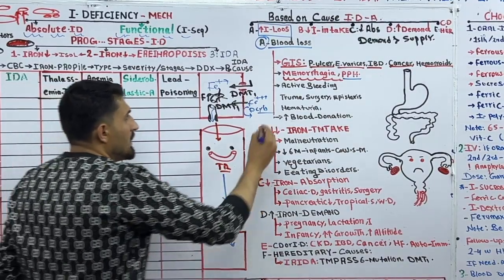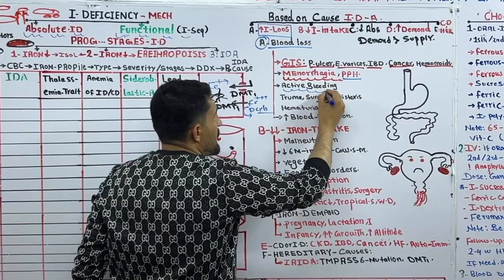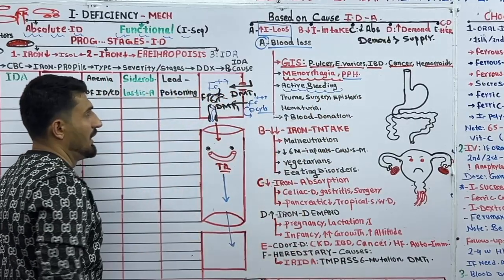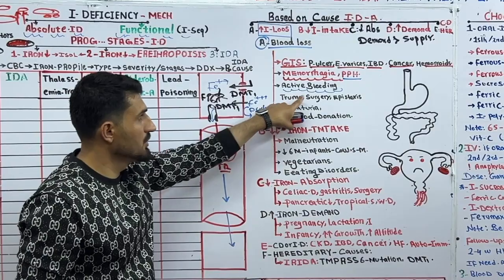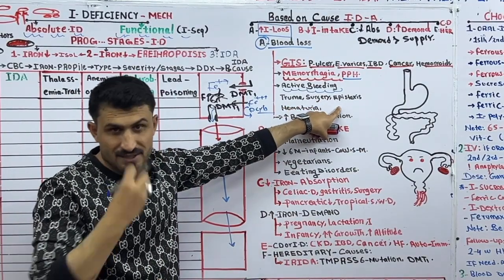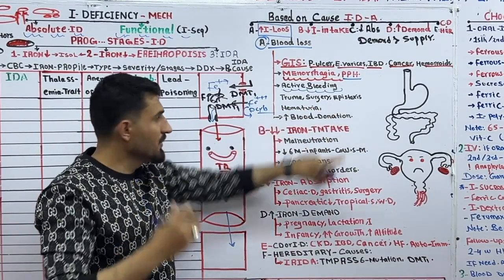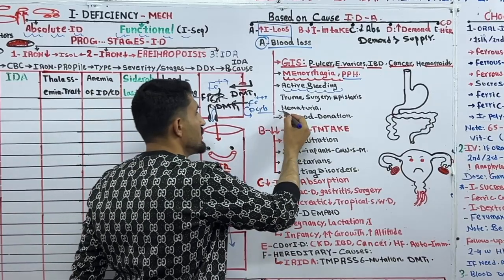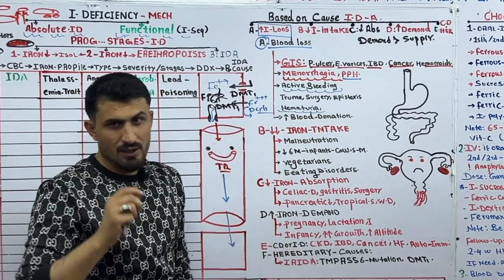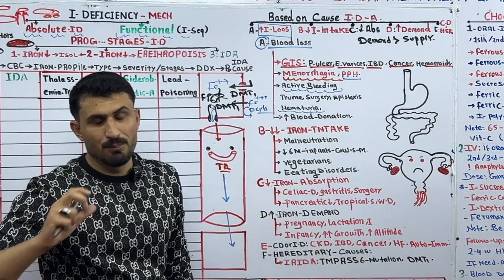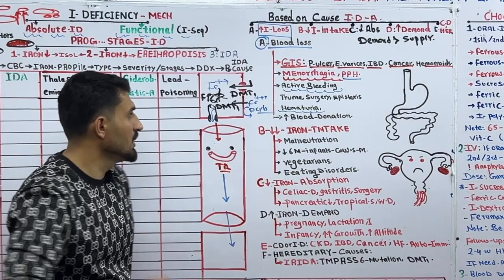Okay, the second thing which causes blood loss is active bleeding during trauma, during surgery, during epistaxis. It means bleeding from the nose, and during hematuria. Okay, it means losing blood through the kidneys and urine.